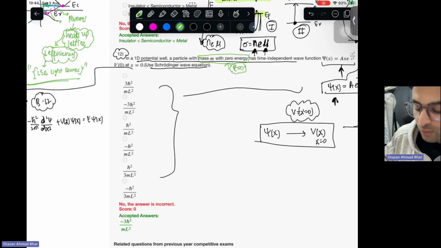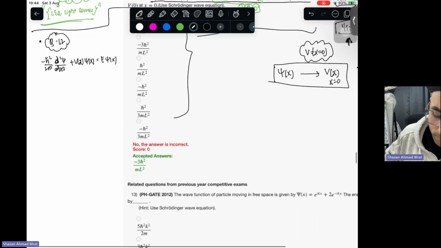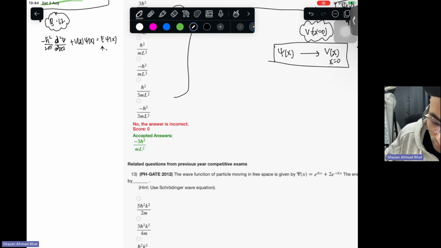I don't know what sort of situation this is, but we just have to consider the energy of the particle to be zero with the given wave function, and compute the potential. We are going as per the question. Now the right hand side becomes zero, and we need to compute V of x.